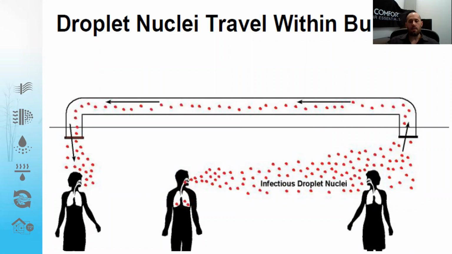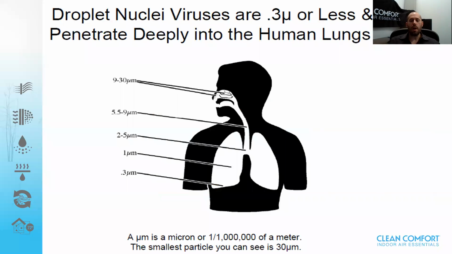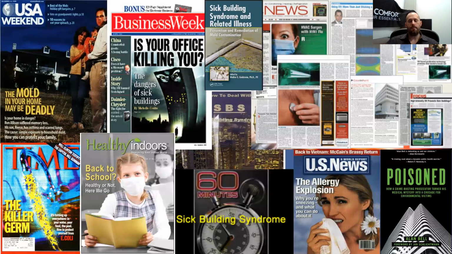In fact, the droplets are so small that they go from room to room via the HVAC system. The problem with that is these droplets are so small, they get into the deepest, darkest parts of our lungs, and that's why we get sick.